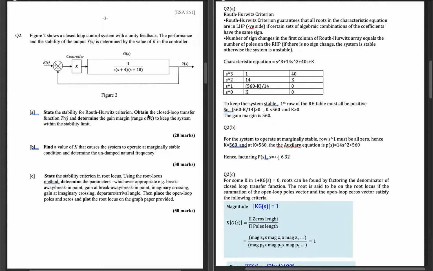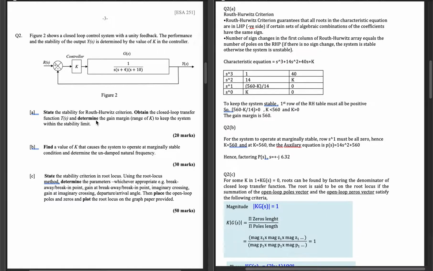This is a step before you can fill up the RH table: you need to obtain the closed loop transfer function T(s) from this open loop system here. Then determine the gain margin to keep the system stable within the stability limit. The answer is on the right hand side here.